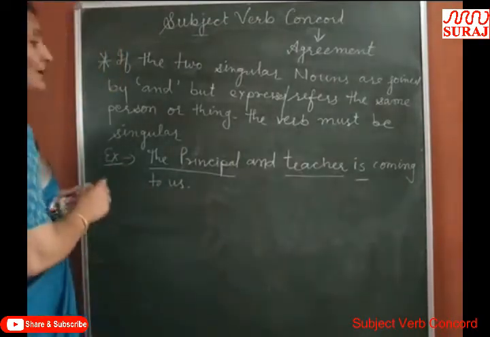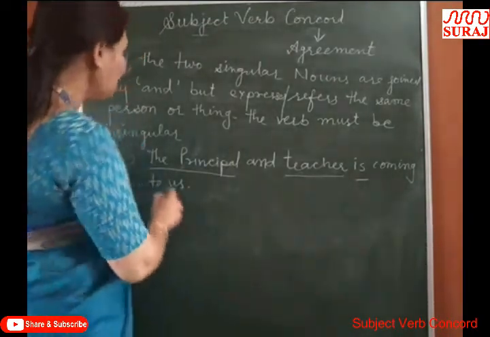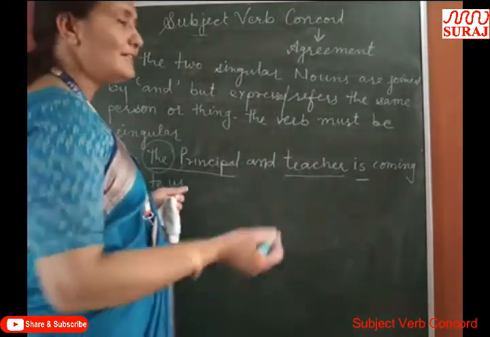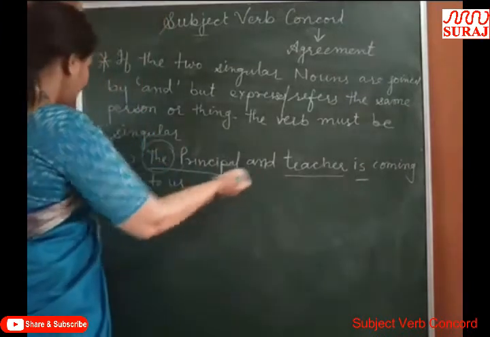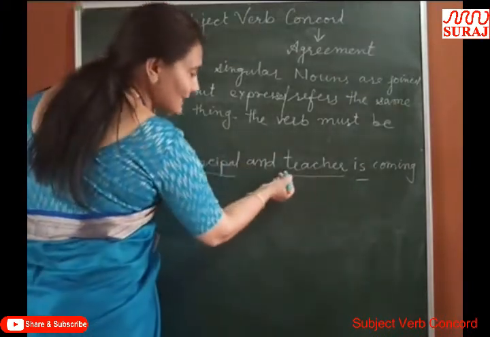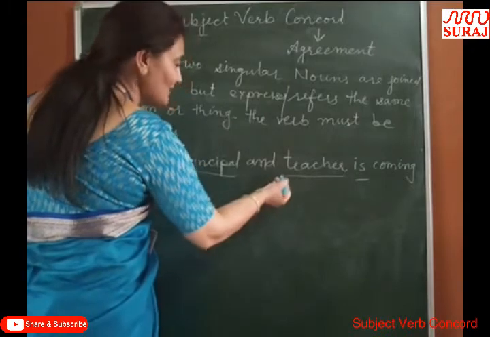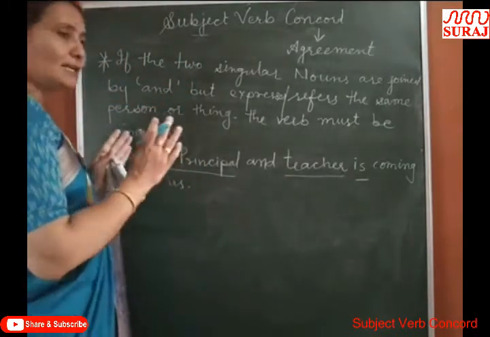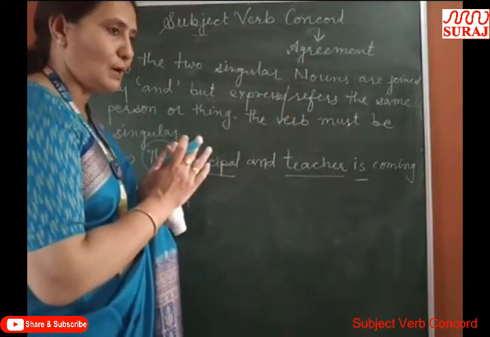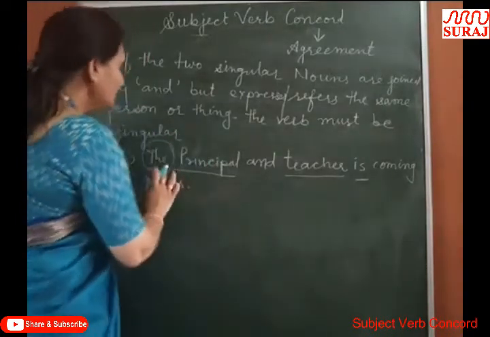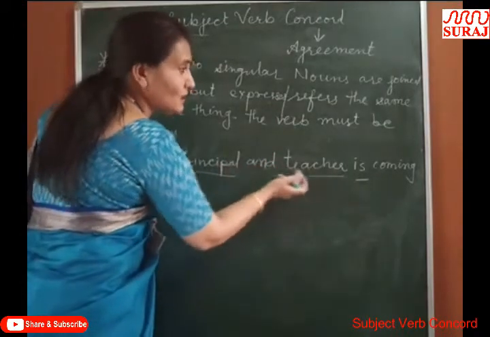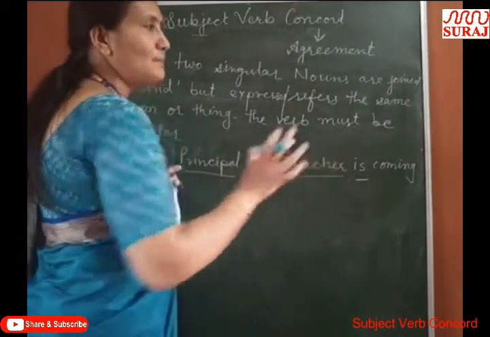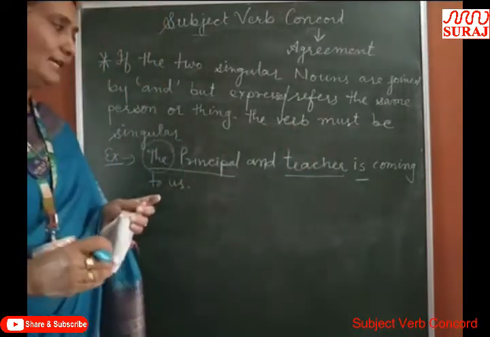Now there is a question, I think in your mind there is question, how can you recognize that both nouns refer the same person? How can you recognize? Just listen. If I repeat the determiners before the second noun, if there is a determiner, article, and the, such, some, few, these are the determiners.